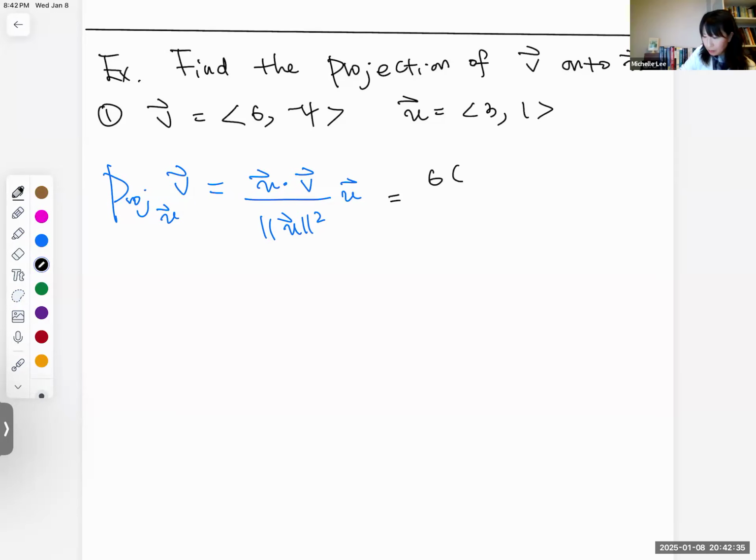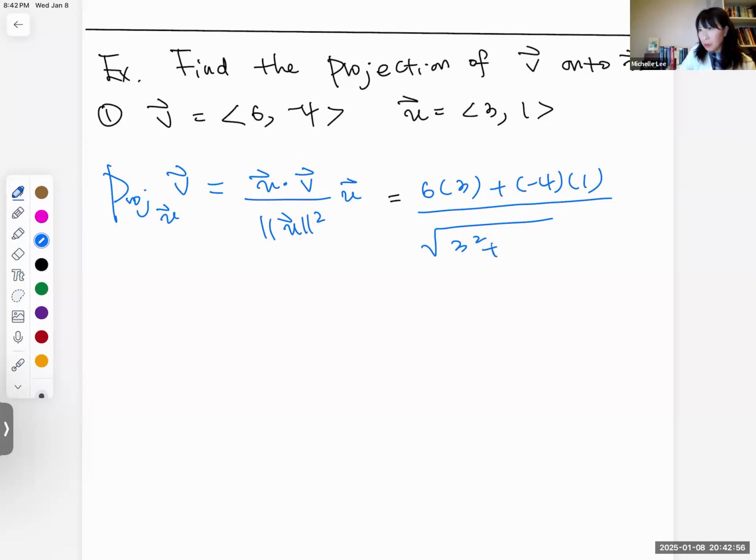So 6 times 3 and -4 times 1 over the square root of 3 squared plus 1 squared, and then (3, 1), right?